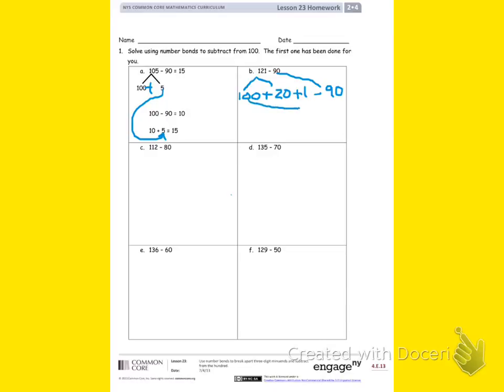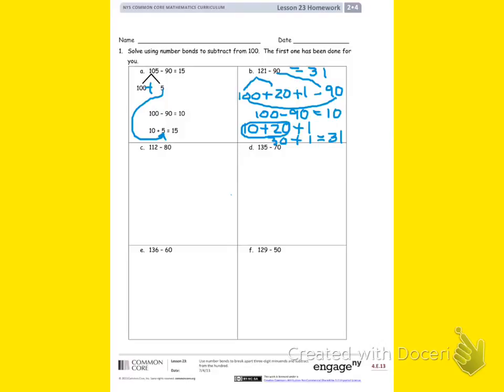I already know that 100 minus 90 equals 10. Now I'm going to take that 10 and add it to the 20 plus 1. 10 plus 20 is 30, plus 1 is 31. So my answer is 31.